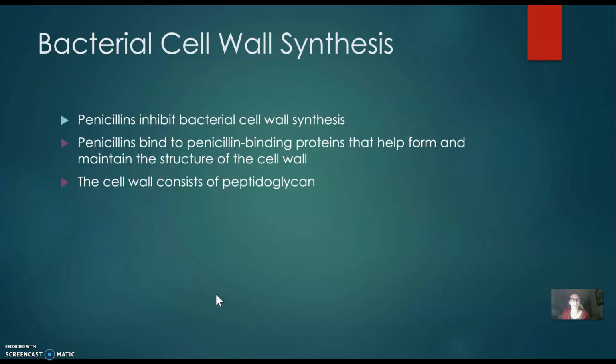The bacterial cell wall synthesis. Penicillins inhibit bacterial cell wall synthesis. Penicillins bind to penicillin-binding proteins that help form and maintain the structure of the cell wall. The cell wall consists of peptidoglycan.